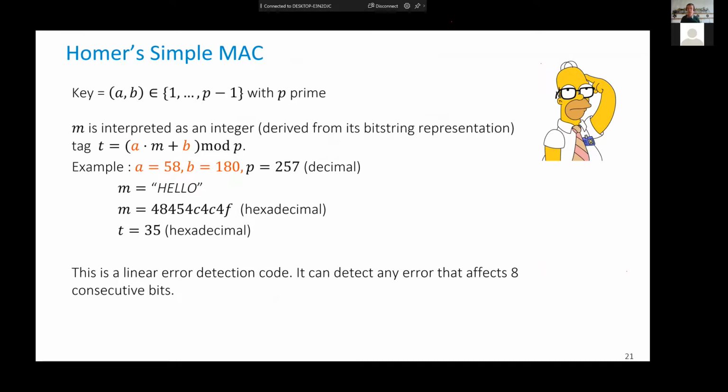Let us see an example of a simple candidate authentication system proposed by Homer. This is an example of what is called a linear error detection code. Error detection is what is used in communication systems.